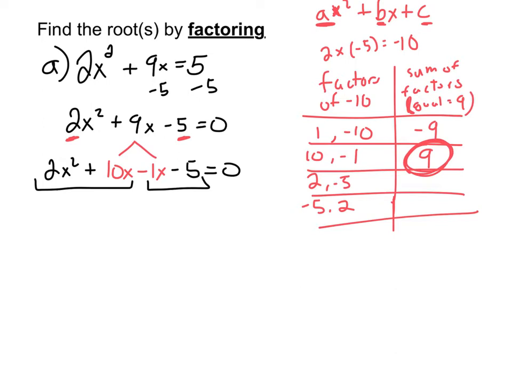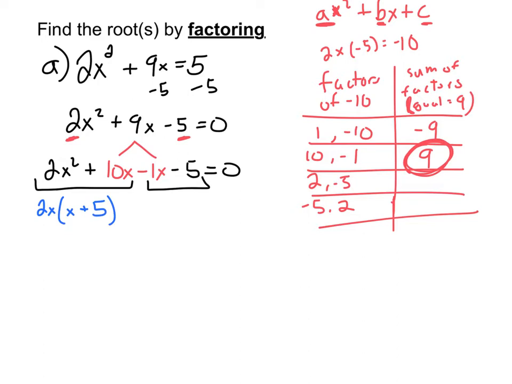So I can pull that out. I'm going to pull out the 2x, and I'll be left with an x there, and then plus, if I took out a 2x from 10x, I'm left with just 5.